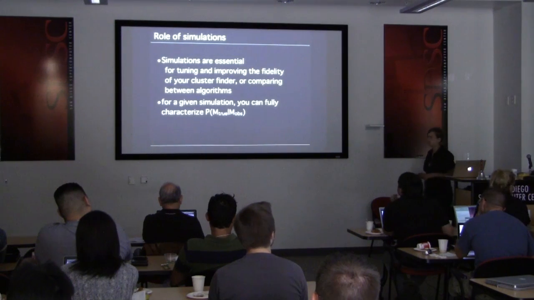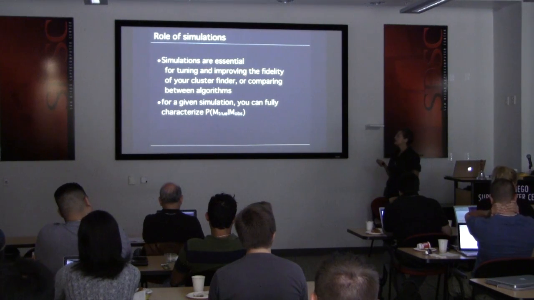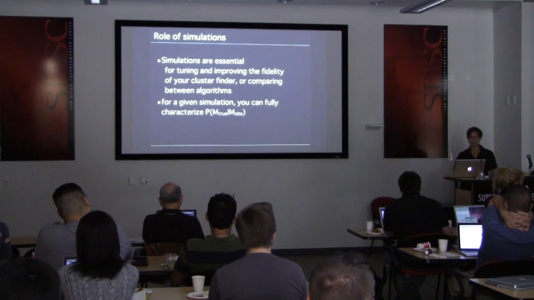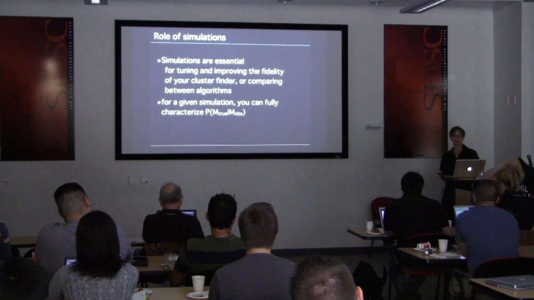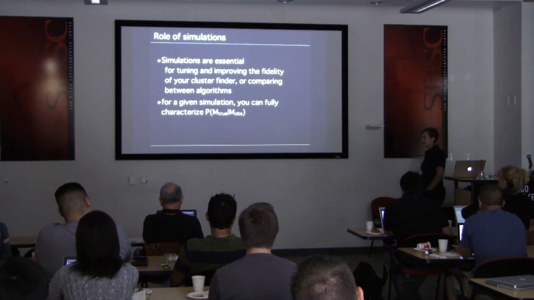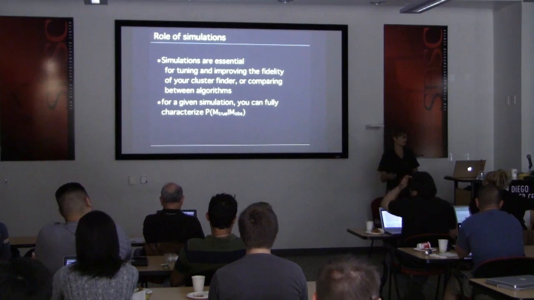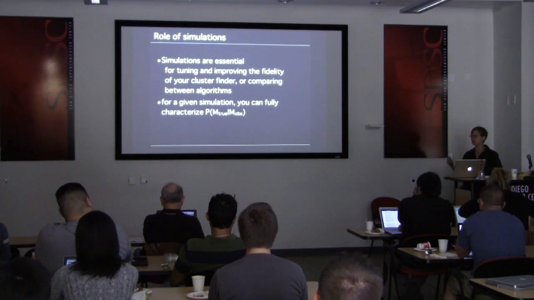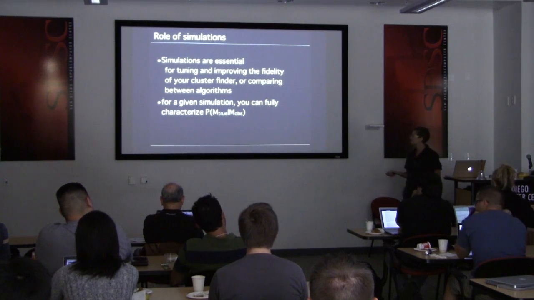And simulations are quite important in this. So one role of simulations is for tuning and improving the fidelity of your cluster finder. It turns out it's a pretty subtle art, finding galaxy clusters in optical data. And if you don't know the true answer, it's hard to improve your algorithm. So we've now, over the last 10 years or so, gone through many iterations of different cluster finding algorithms.